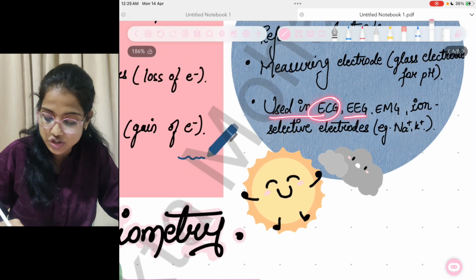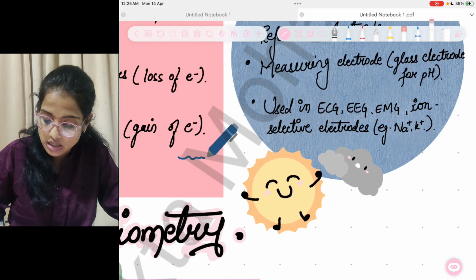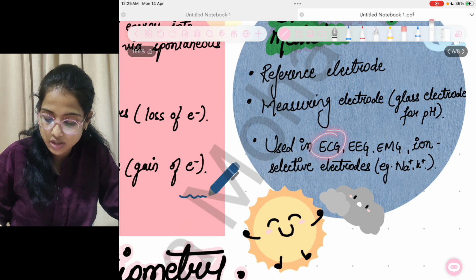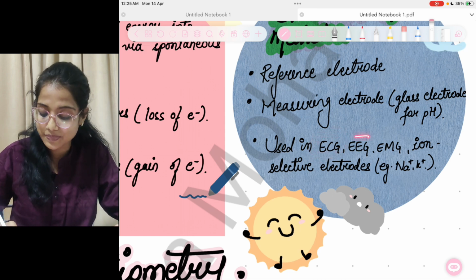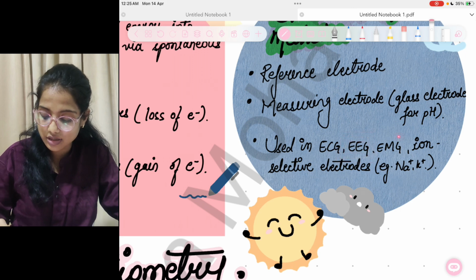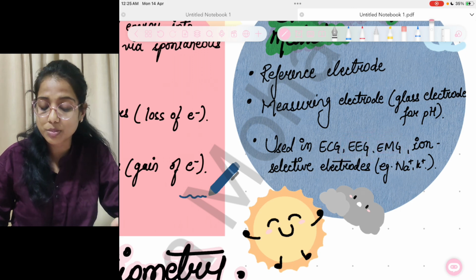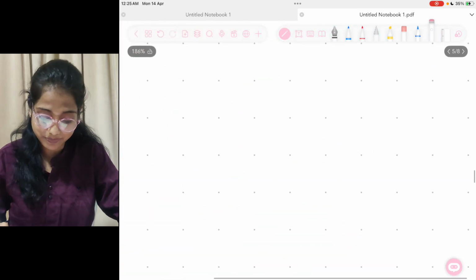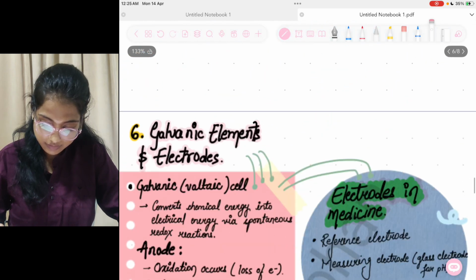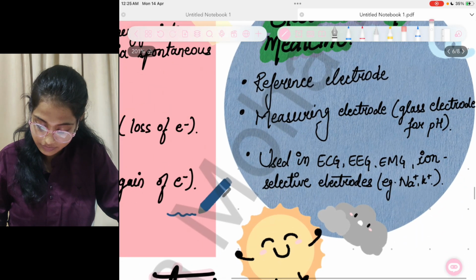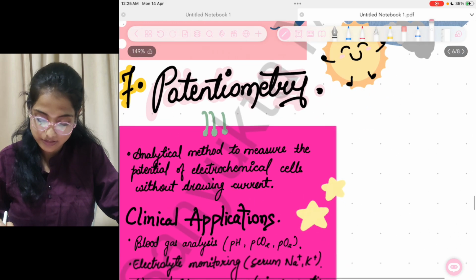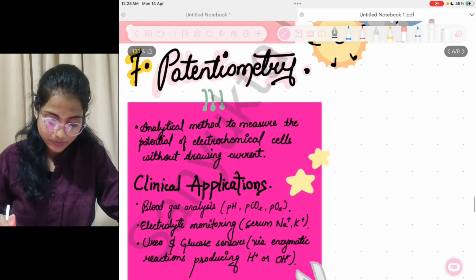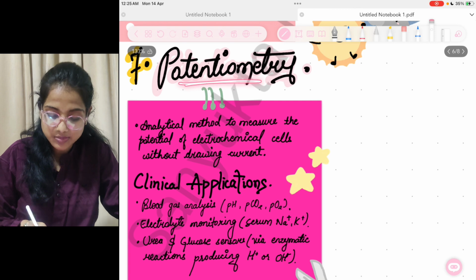They are also used in ECG, EEG, EMG, that is electrocardiography, electroencephalography, and electromyography. And for sodium and potassium ions.